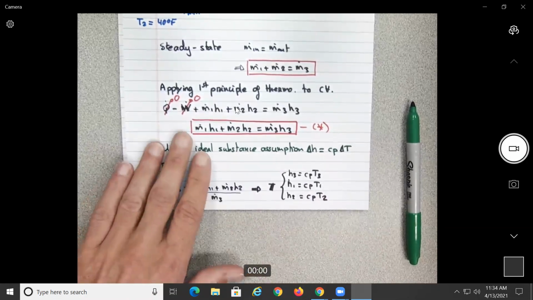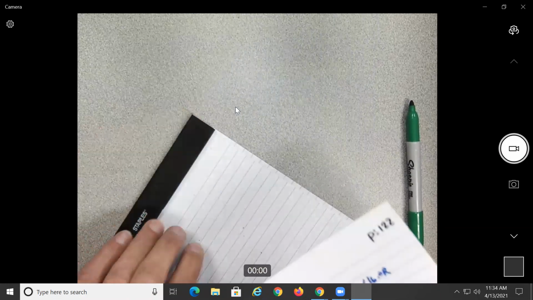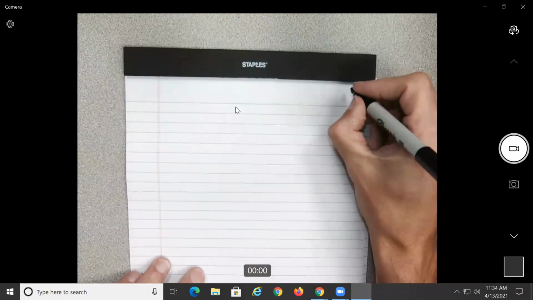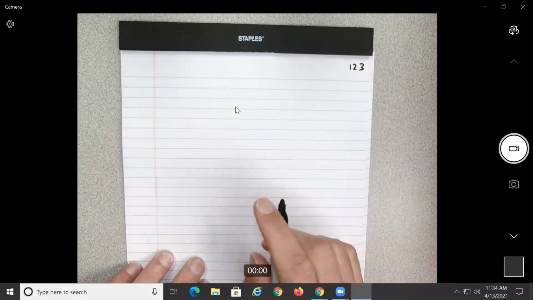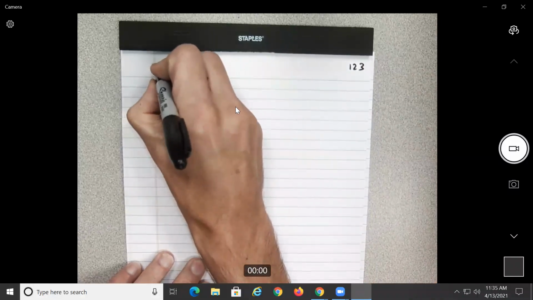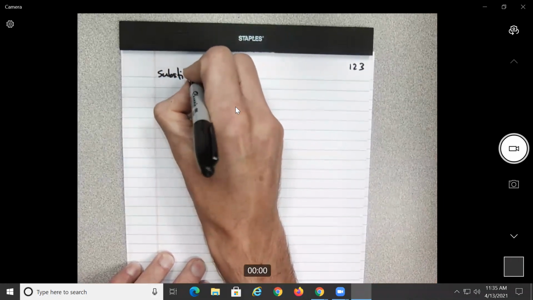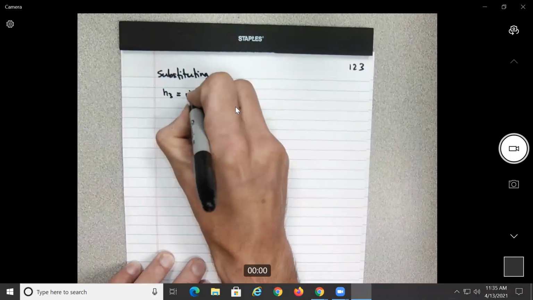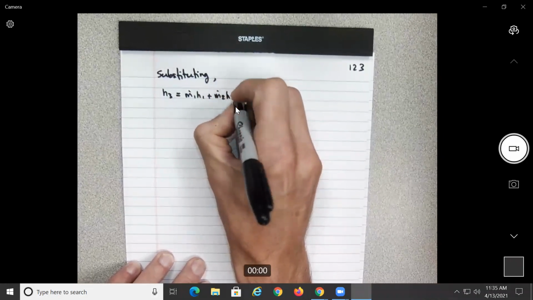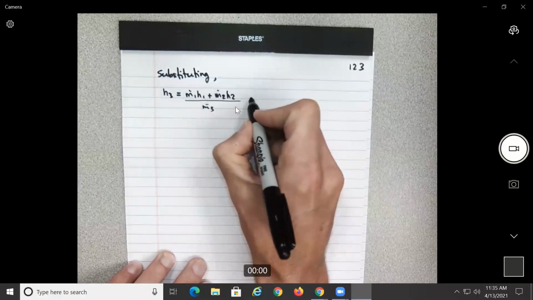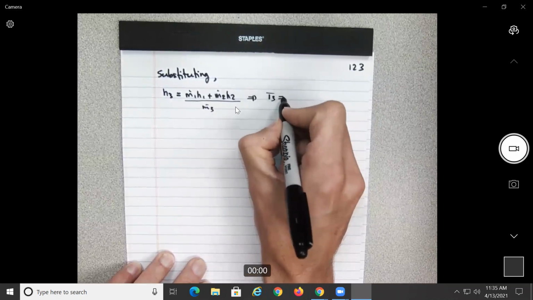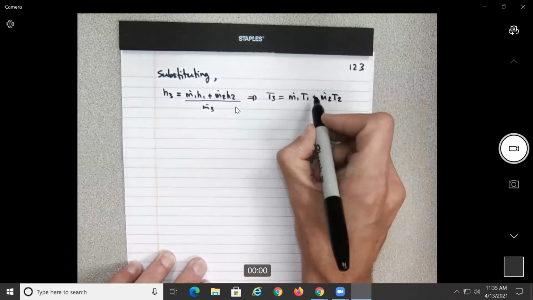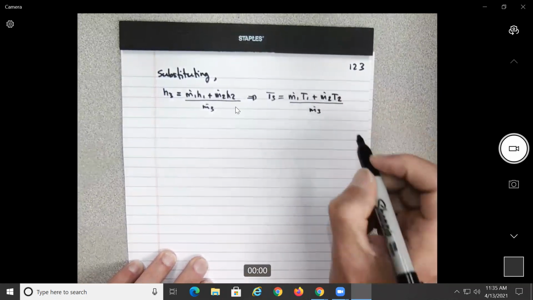So by substituting, we get H3 equal to M dot 1 H1 plus M dot 2 H2 over M dot 3, which will give you T3, because the Cp will cancel out, equal to M dot 1 T1 plus M dot 2 T2 divided by M dot 3.